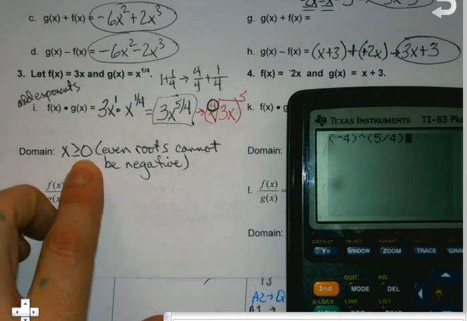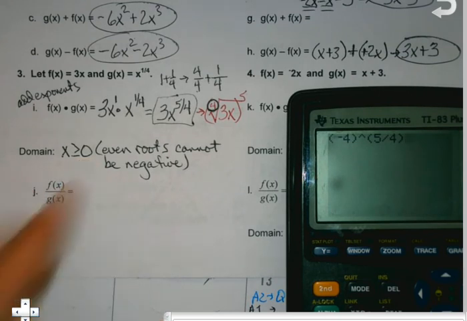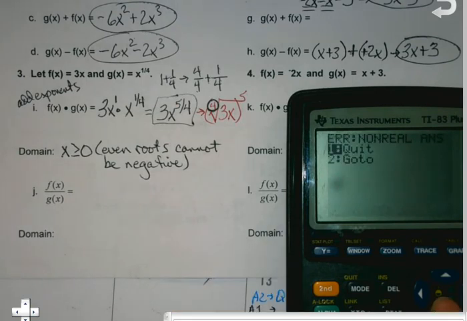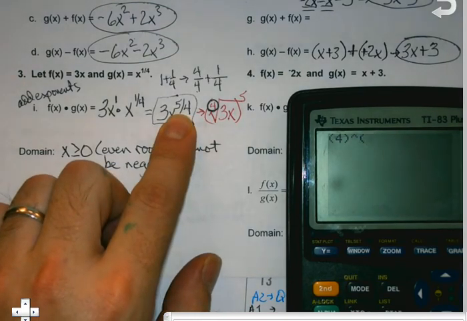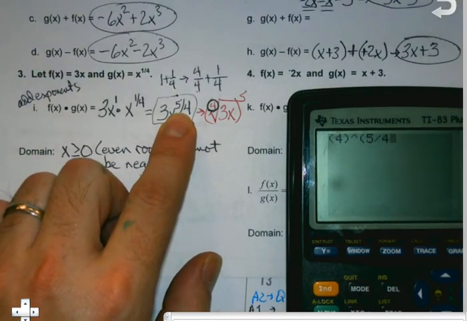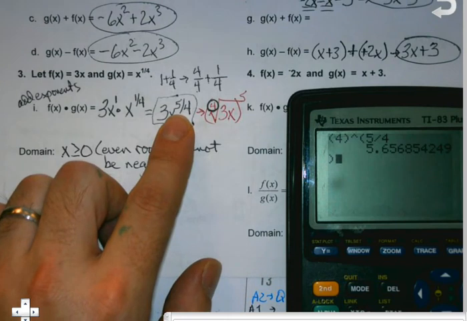What I'm trying to show here in general, because I can't, of course, show every single opportunity, is if I took a positive number, and again, I'm just picking a number at random, and I did the same thing to the 5/4, I can get an answer out.